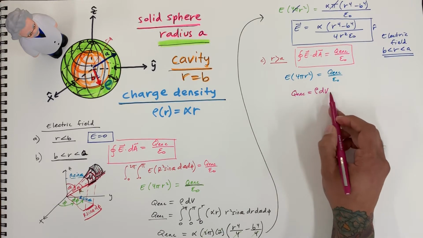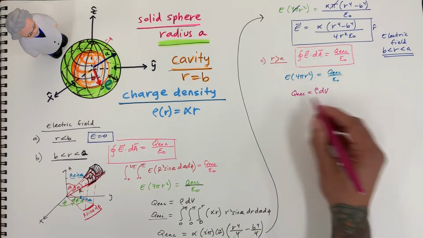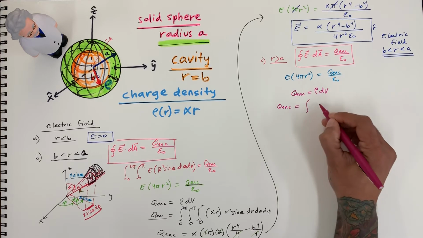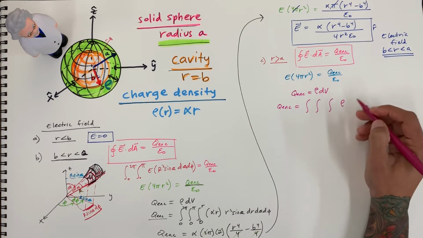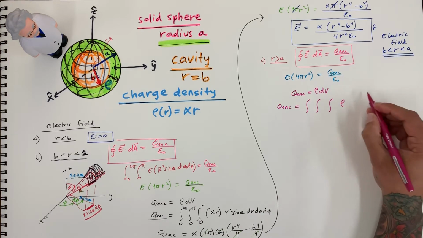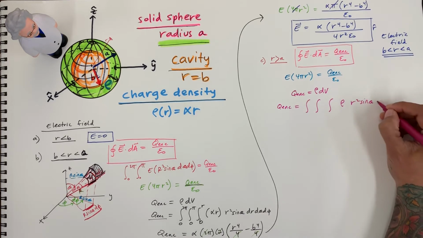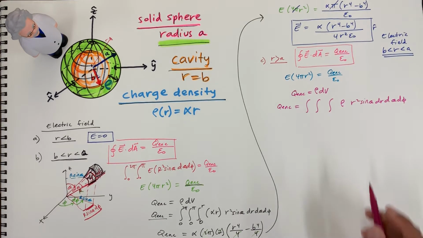And rho dv. This side here has 3 integrals, right? So let's write those out. Q enclosed, we got 1, 2, 3, rho, right? And then we have r squared sine theta, dr d theta d phi.